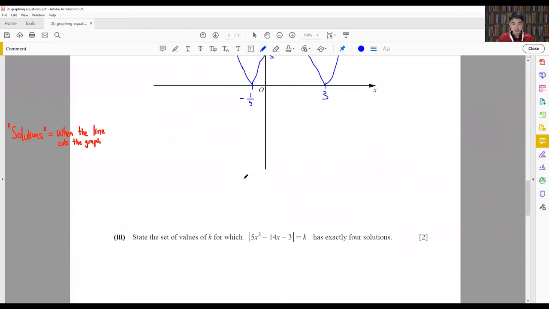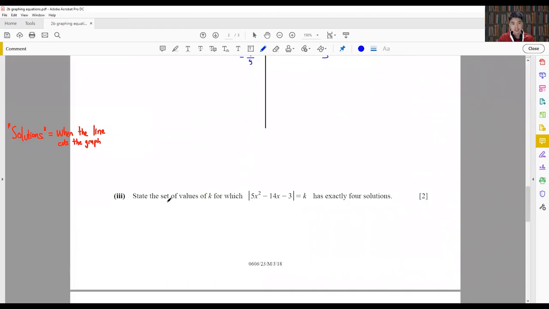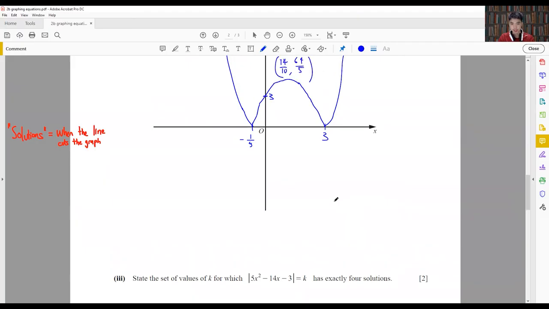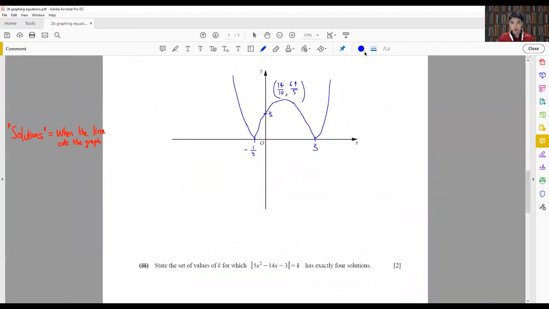Then lastly, looking at the final part of the question, state the values of k for which the modulus has exactly 4 solutions. Looking at your graph again, the only part that would have 4 solutions would be everything here, and anything in between your tangent line here and your y equals 0 line here.